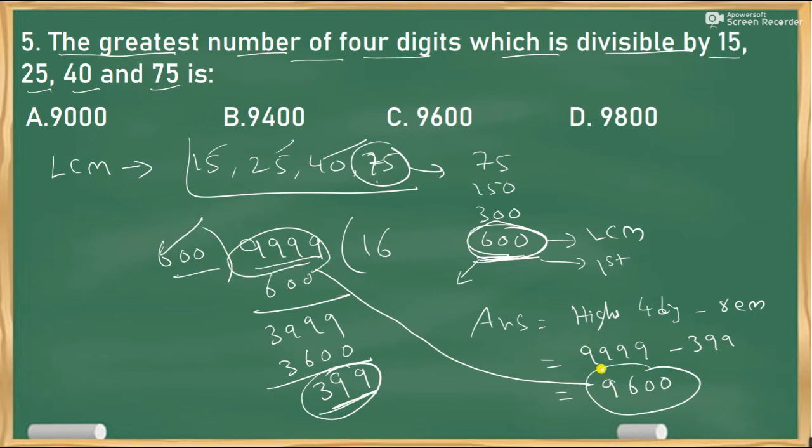So 9600 gets divided by 600 completely. So that means 9600 is also divisible by 15, 25, 40 and 75. Okay. So this is the highest 4-digit number that is completely divisible by all these four numbers. Got my point? So that's the answer for this question.